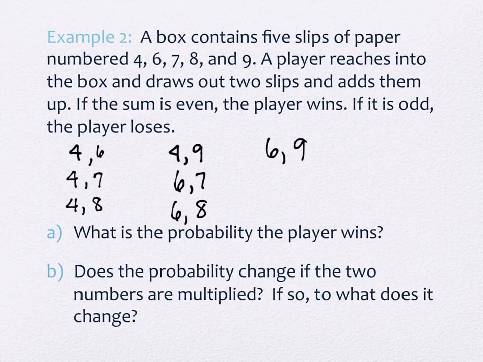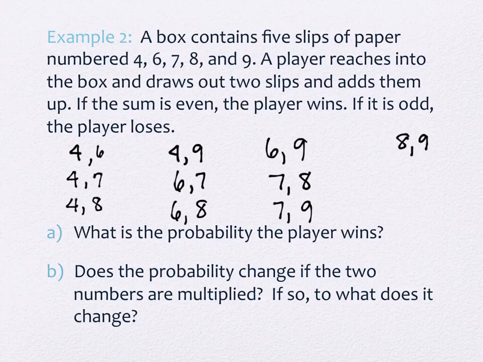That's all the ways that I can draw a 6, because I've already got the 6, 4 listed up there. Maybe I don't draw a 4 and I don't draw a 6, so what else could I draw? 7 and 8, or 7 and 9, and 8 and 9. These are all my different options, and they're all equally likely because there's exactly one of each of them in the basket of numbers.